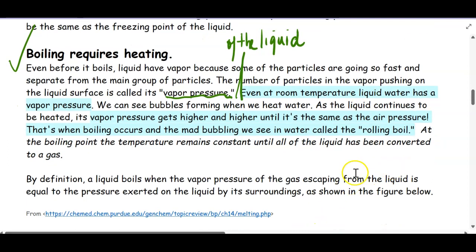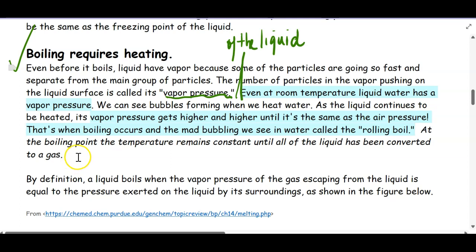All right, and the temperature remains constant until all of the liquid has been converted to a gas. Oh, the temperature doesn't keep rising? The temperature remains constant until all of that liquid water at the boiling point temperature has been converted to a gas. Oh, well, that's a new idea.